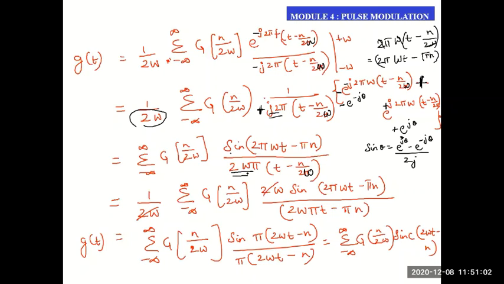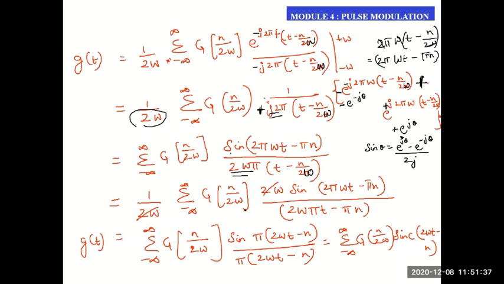Let's multiply this inside. If I take this 2w again as the LCM, we'll have this as 2w pi t, the first term, minus n into pi. We already have a pi, and that 2w again comes outside. I have 2w left out because the LCM here will generate a 2w here.